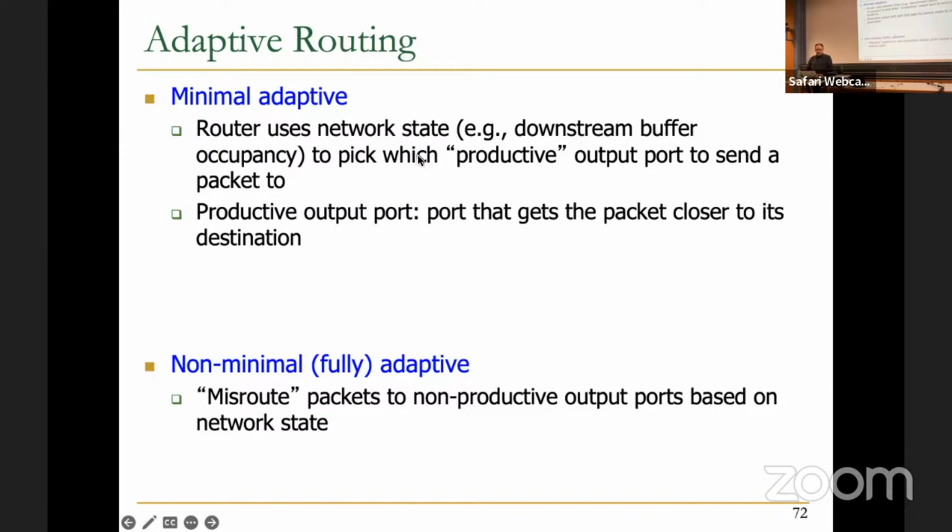It can be many other metrics as well, like how busy is the crossbar in the downstream router, or how many buffers you have. But it can also be non-minimal, fully adaptive. Also, people call it fully adaptive and it's non-minimal. Essentially, you also allow misrouting packets to non-productive output ports based on network state.